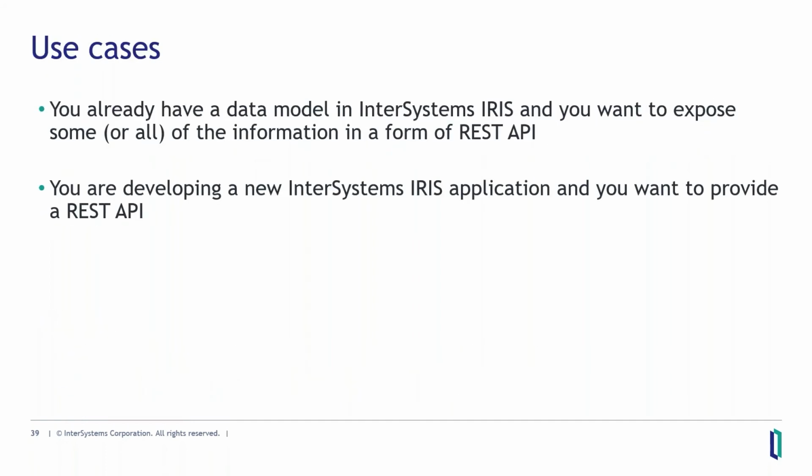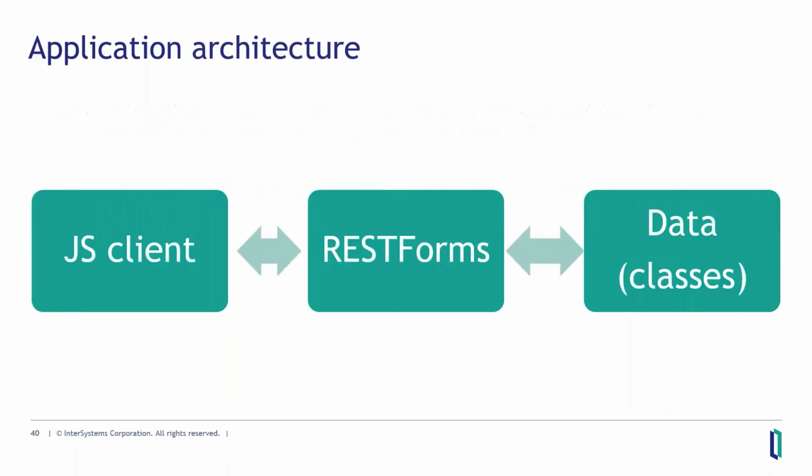So if you have some data and you want to expose it in the form of a REST API, or if you're developing your InterSystems IRIS application and you want to provide a REST API, REST Forms can be used. So how does it work? You have data in the form of persistent classes, and next you have REST Forms, which has a web API layer and a terminal API layer, and there are also several JavaScript clients, and REST Forms just works.